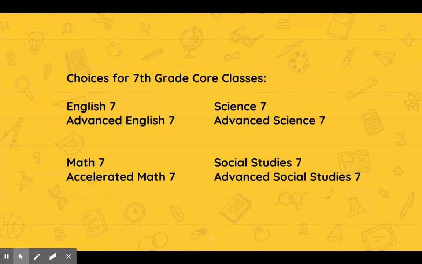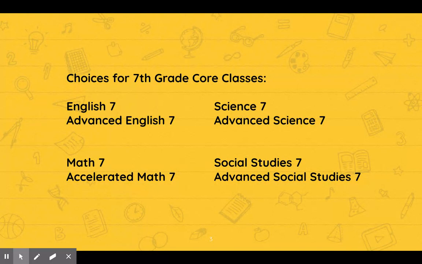Accelerated Math 7 is the advanced math course. Accelerated Math 7 will cover all of the Math 7 standards, and then basically it will cover the first half of the pre-algebra standards that normally would be in Math 8. So that's what the Accelerated Math 7 is.